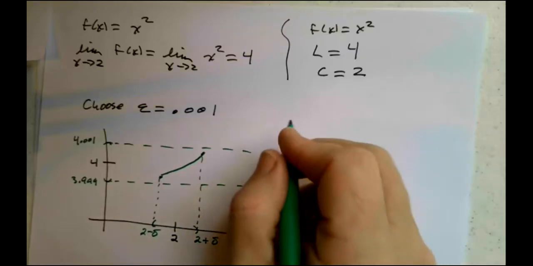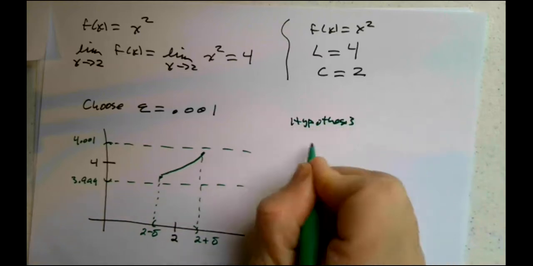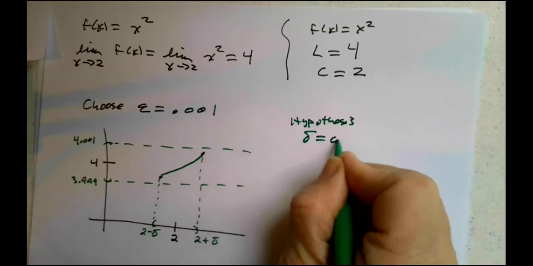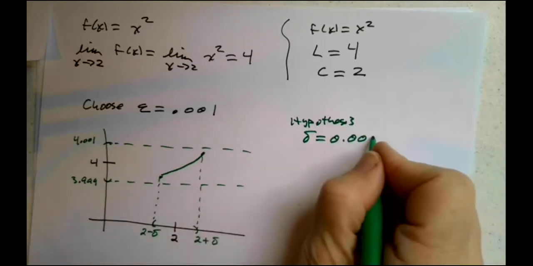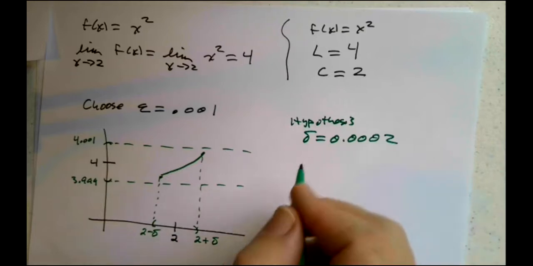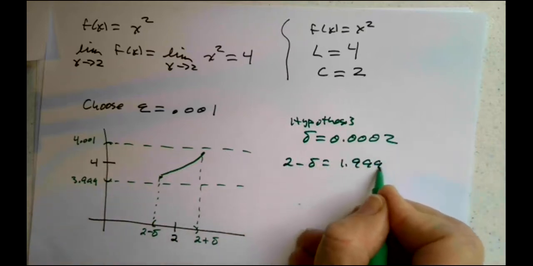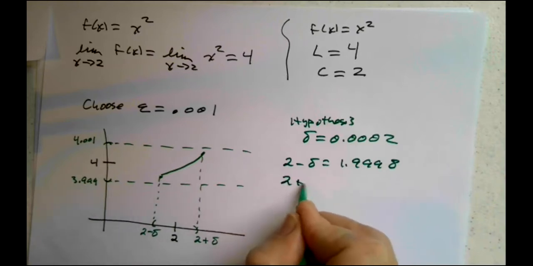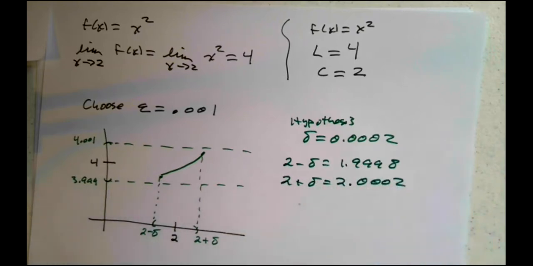So our hypothesis from our picture: delta is 0.0002. So if I go a little bit to the left, 2 minus delta is 1.9998. 2 plus delta is 2.0002. So what is the value of the function, right?